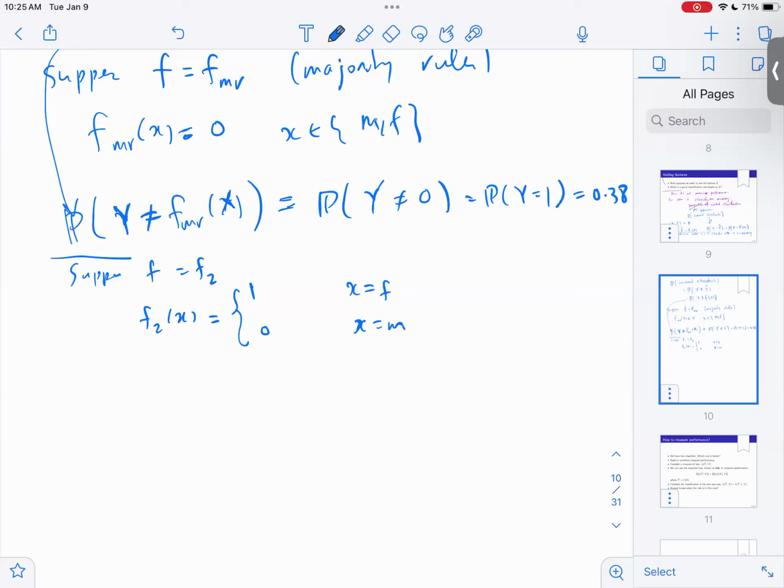So how do we proceed in this case? The probability that y is not equal to f2 of x. This is not so simple because this depends on x. So how should I calculate this?